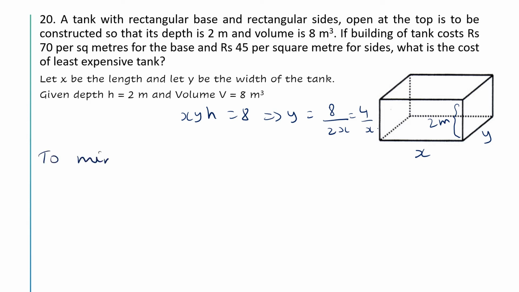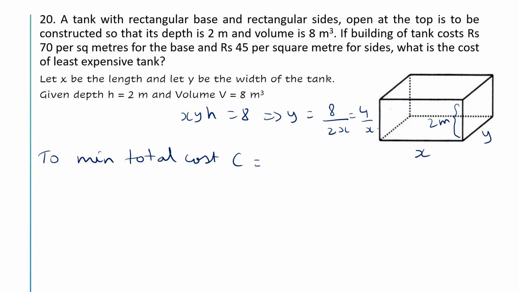So to minimize, total cost C is equal to, here it is given, the base requires cost of rupees 70 per square meter. So it means the area of the base is xy, xy into 70 plus 45 per square meter for the sides.